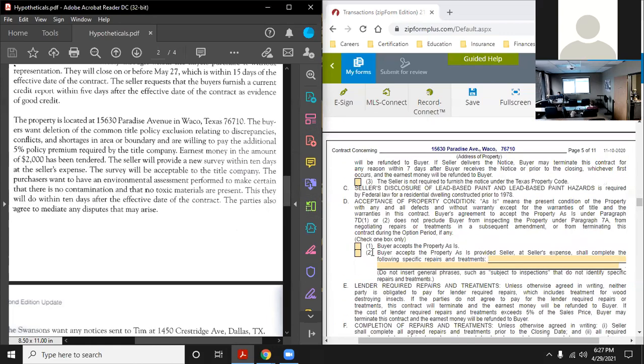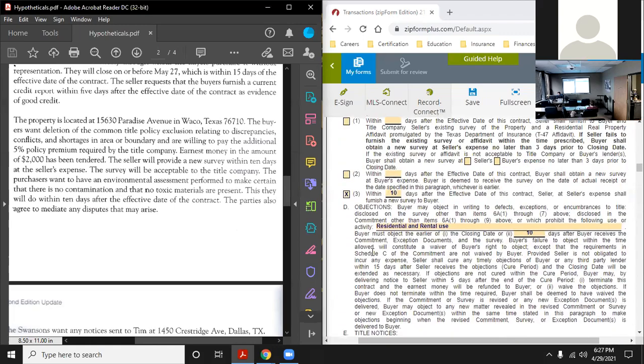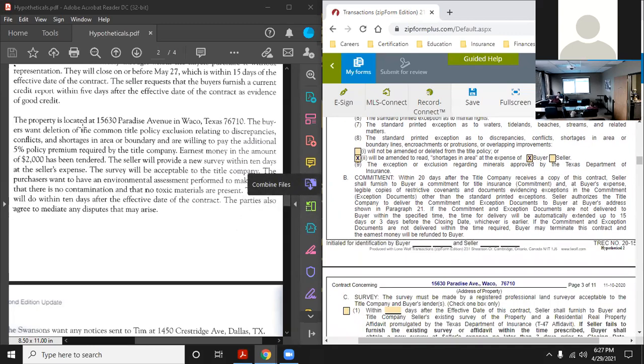So that would be right here. You're basically saying that you want this, and if the buyers are wanting it, it'd be the buyers that are paying for it, which is expensive. And they're willing to pay the extra 5% policy premium required by the title company to do it.